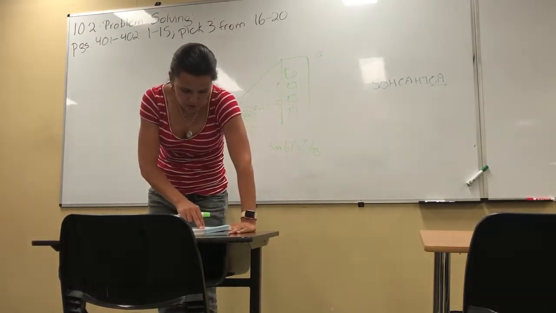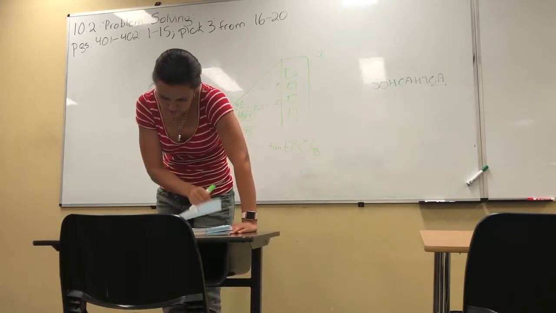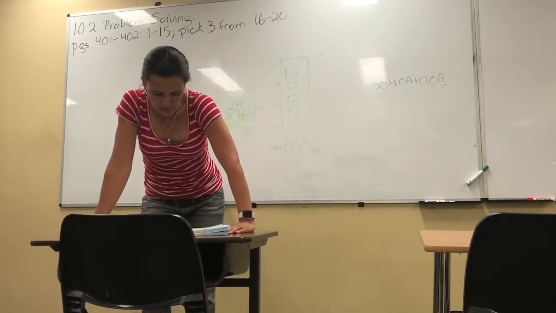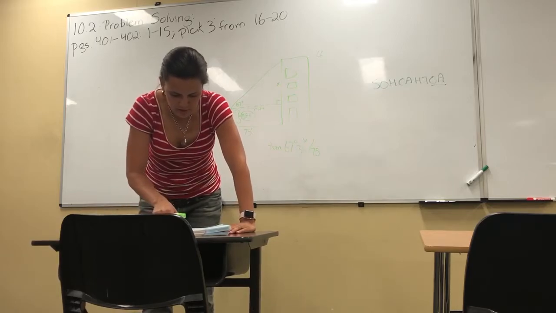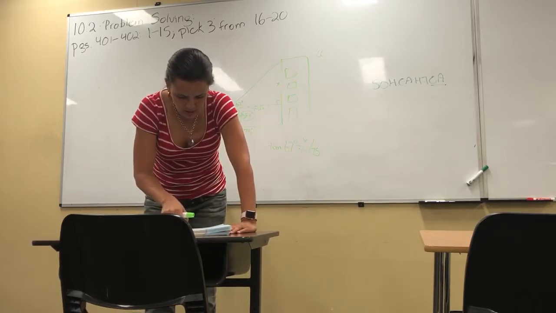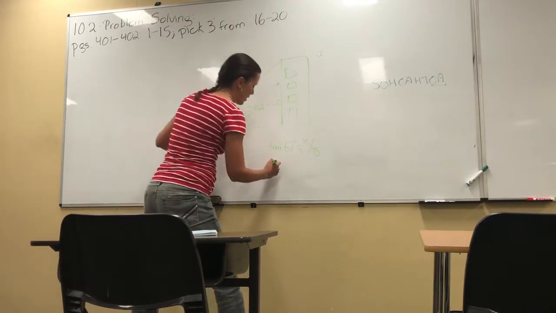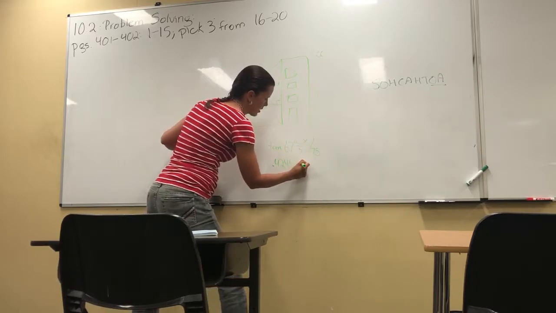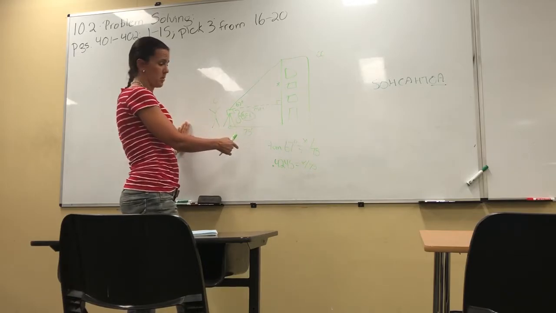If you're using the book, tangent 67 degrees is on page 614, on the right-hand side, about two-thirds of the way down. So I go to 67, and I go to tangent, and I get 0.4245. So 0.4245 equals x over 75. If you just did that in your calculator, you should be able to tell me that I'm right.